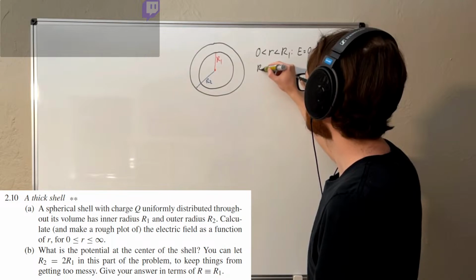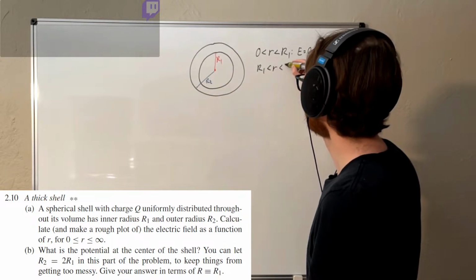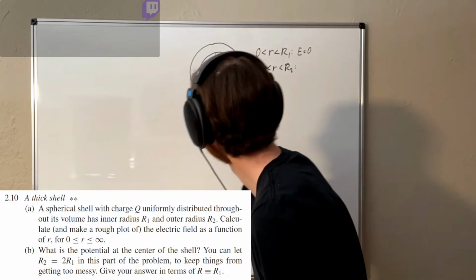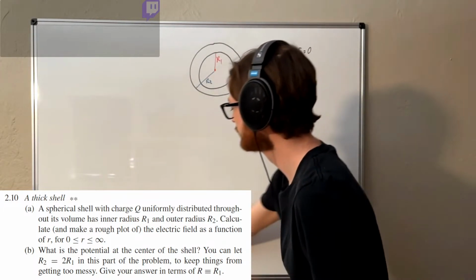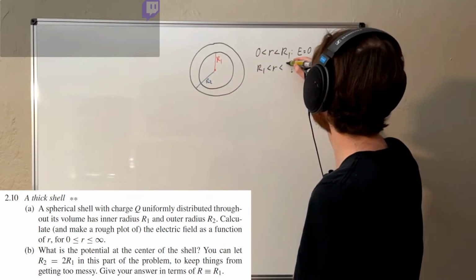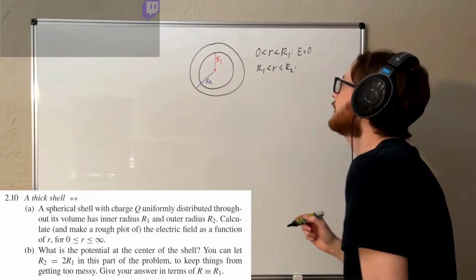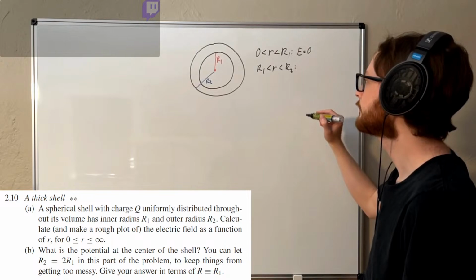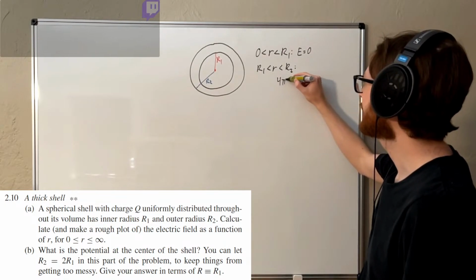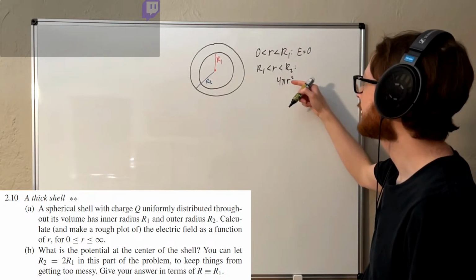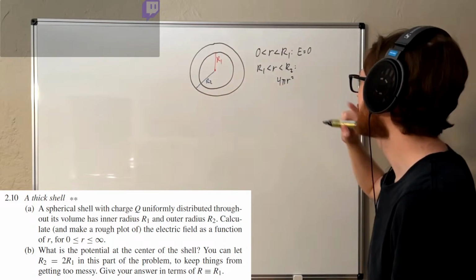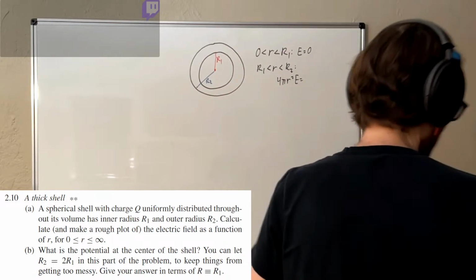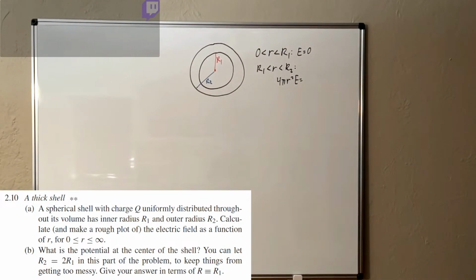So now we need to worry about between R1 and R2. It's a weird R. I think we can take the same surface area of whatever the sphere inside is times E is equal to... Now, do they just give us total enclosed charge as Q?